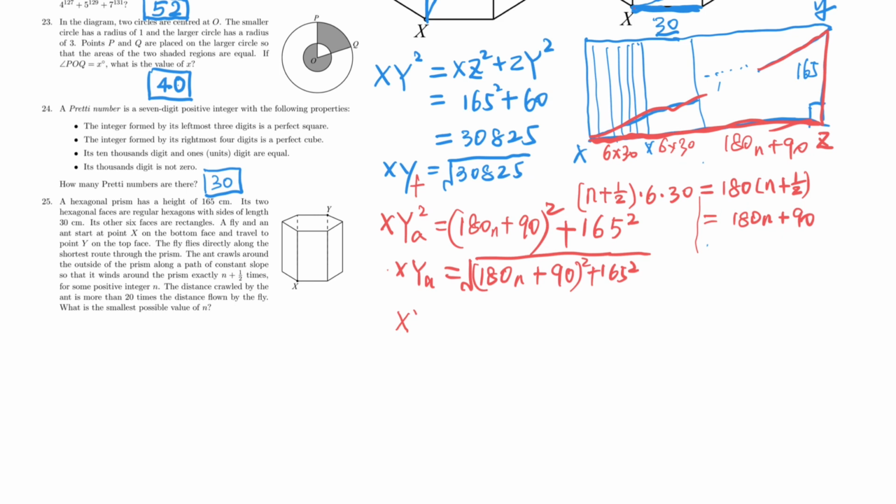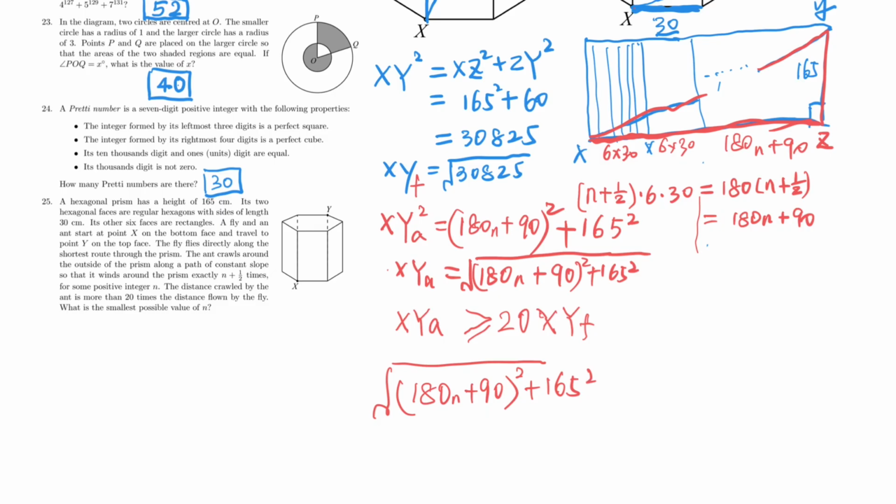Now we want the ant's distance xya to be at least 20 times the fly's distance, that means greater than or equal to 20 times the flight distance xyf. So xya, the square root of 180n plus 90 squared plus 165 squared, is greater than or equal to 20 times the flight distance, the square root of 30825.